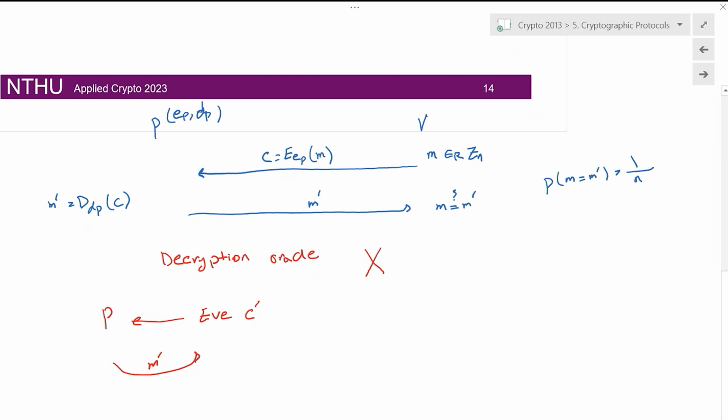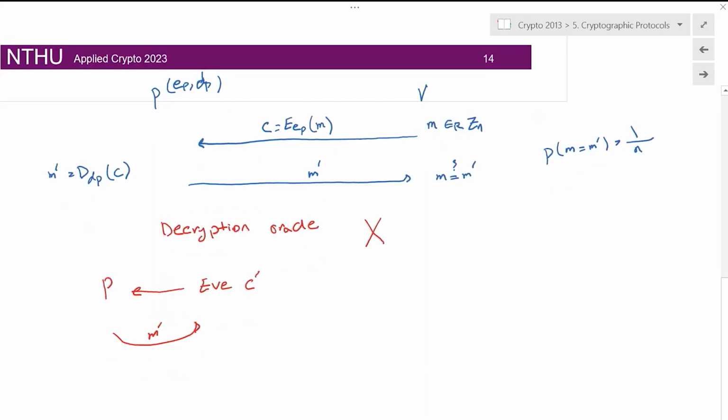We know the purpose of this algorithm is for a verifier to choose a random message, encrypt it, and send it to the prover to get it decrypted, but the verifier doesn't have to be the real verifier. Eve can play the role of the verifier. Eve wants to get access to the plaintext of this ciphertext.